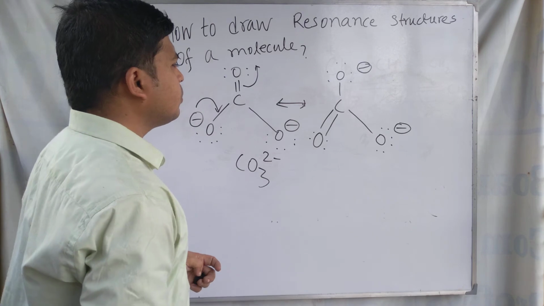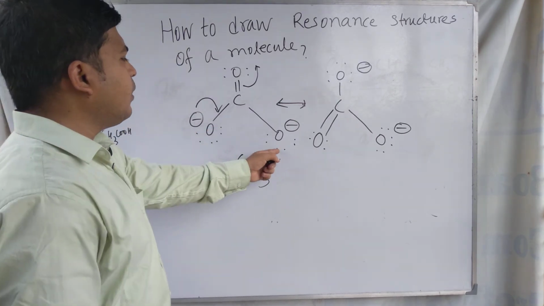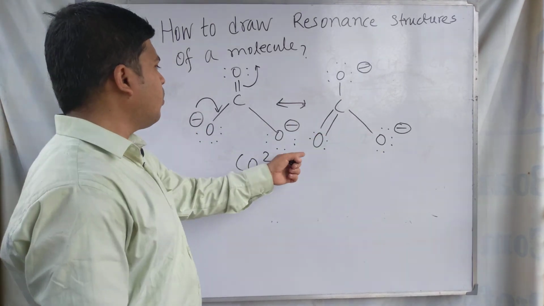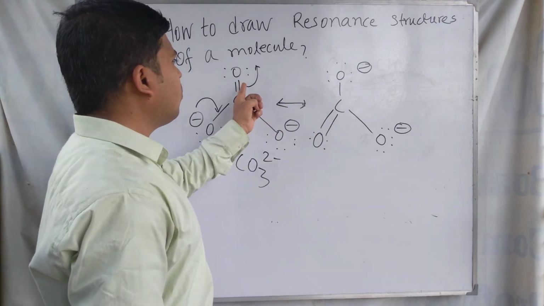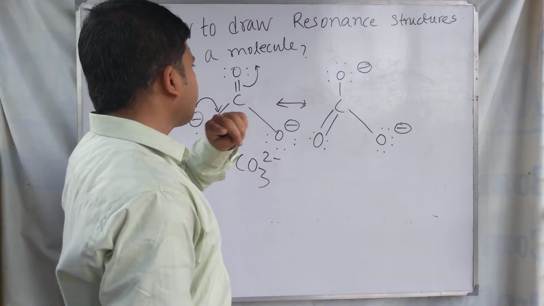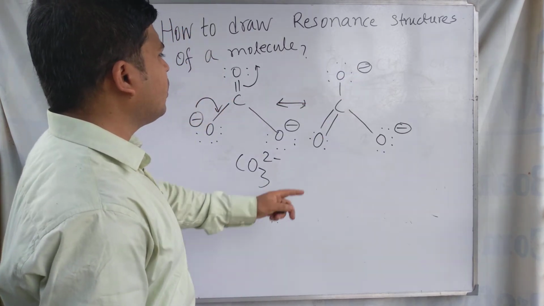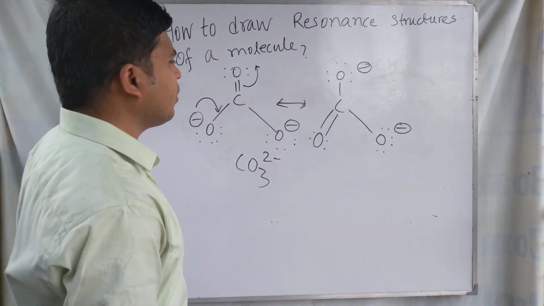This one is formed. This one is remaining same as it was before, but when this carbon oxygen is making a double bond, this double bond is opened up and giving a single carbon oxygen bond with a negative charge.